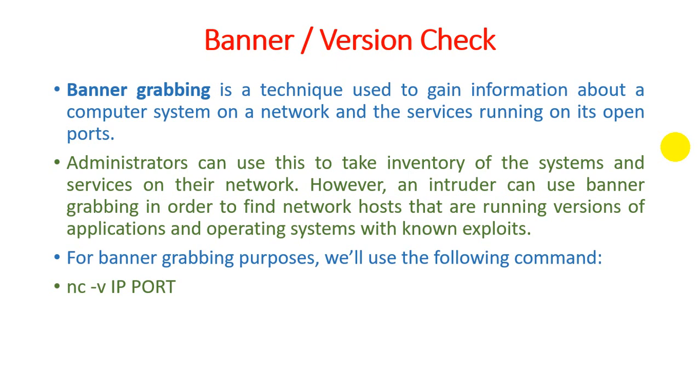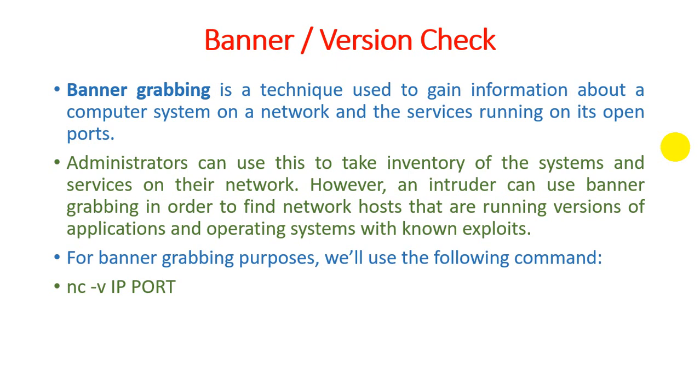If we want to find which version is working on port 80, which should be open, then we use nc -v, the computer's IP address, and port number 80. It is the simple and easiest way to find the different web services and versions on a particular computer system.